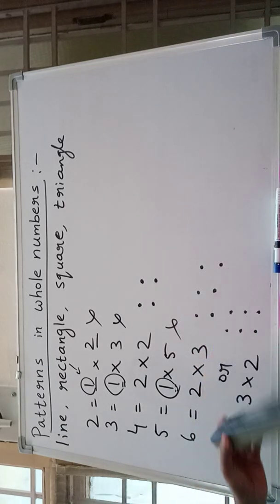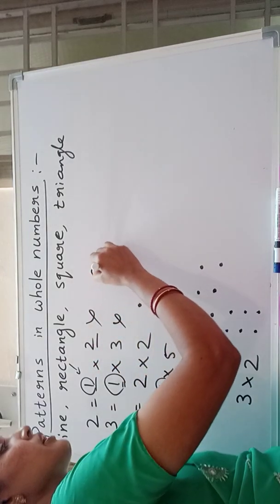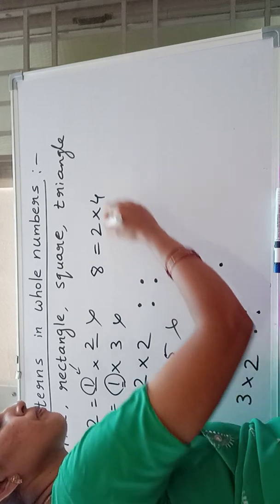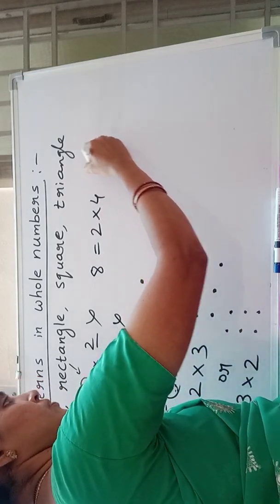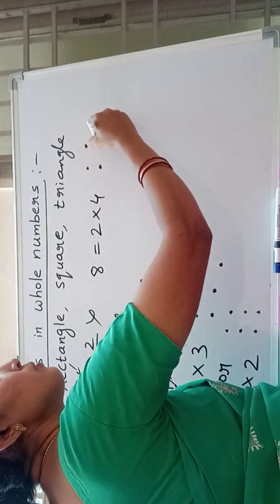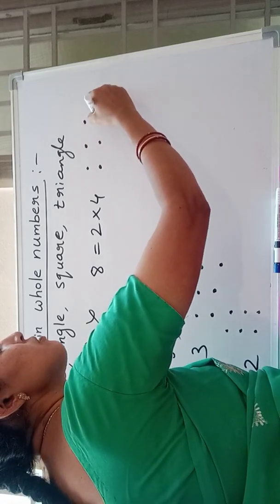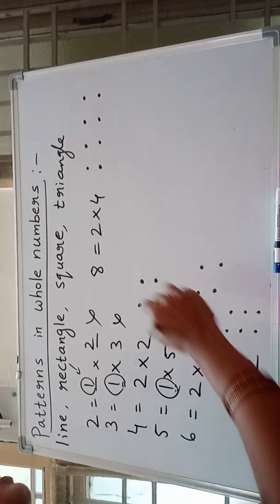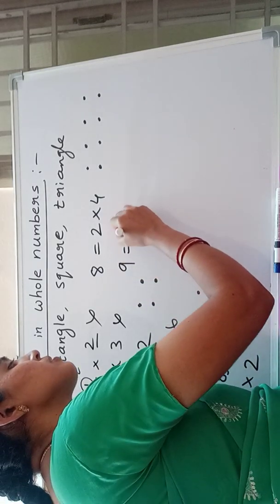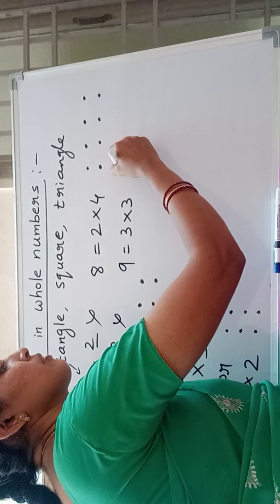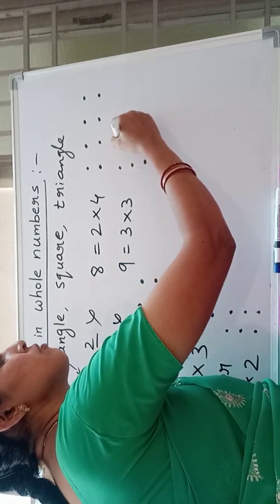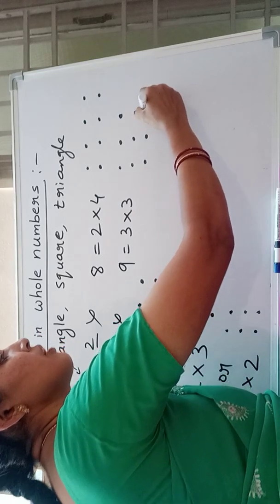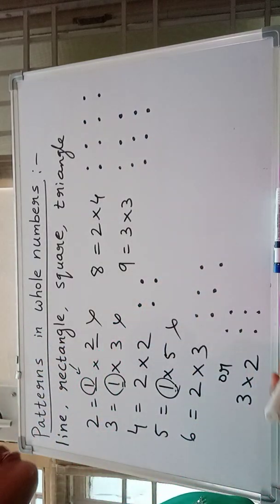Next example, 7 is not possible. Again 8 is possible, 2 fours or 4 twos: 1 2 3 4 5 6 7 8. Rectangular shape possible. 9 also possible, 3 times 3: 1 2 3 4 5 6 7 8 9. Rectangular shape possible with 9 dots.